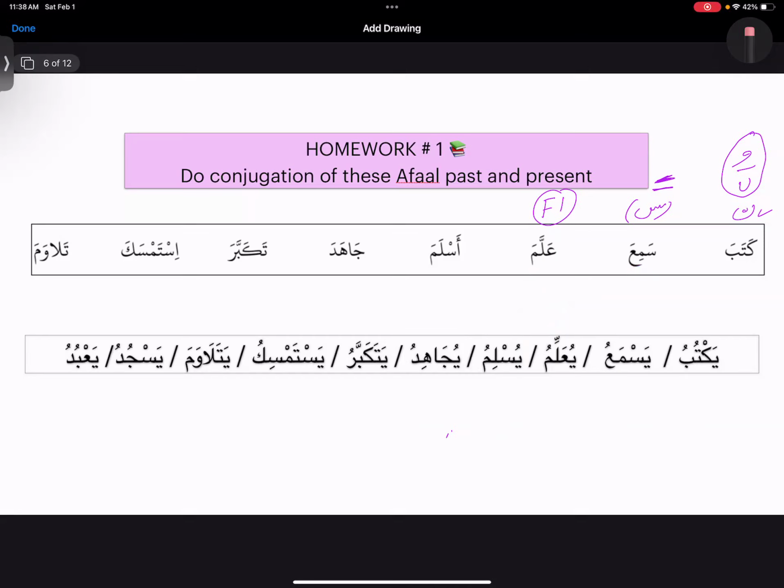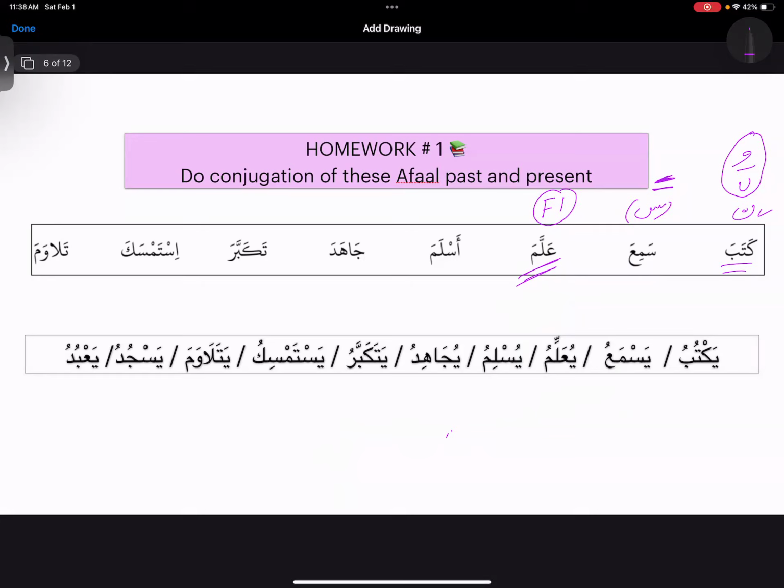So Allama, how are we going to do it? First let's do Madi. Madi is going to conjugate the same way. For Mudariya, you need to know what pattern it is going to take. If we are in family one, then we should know what Bab it belongs to out of the six Babs.